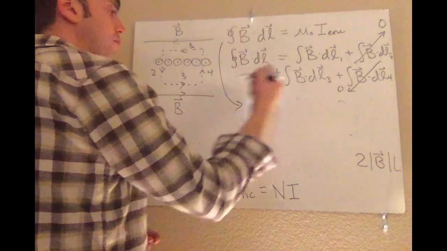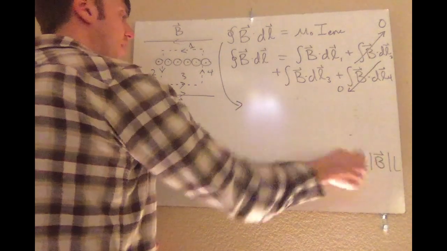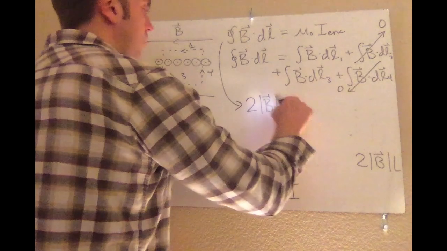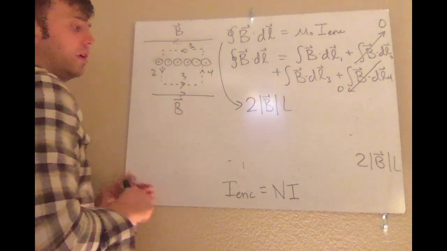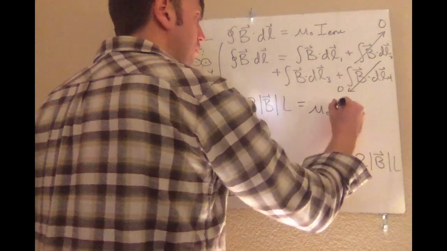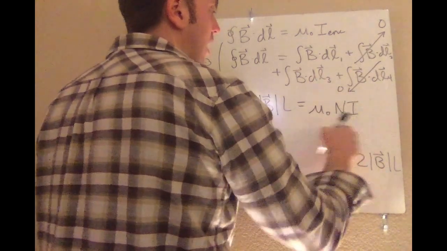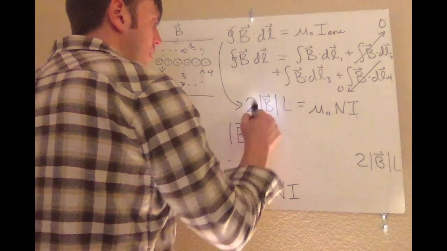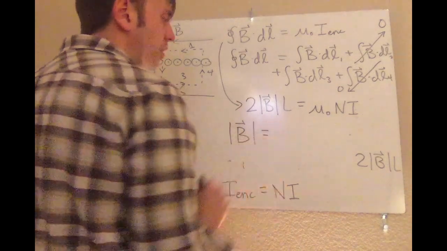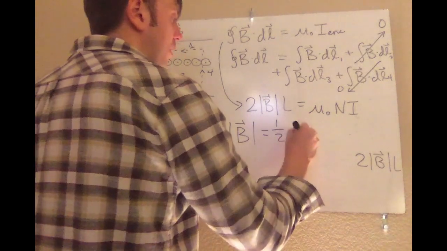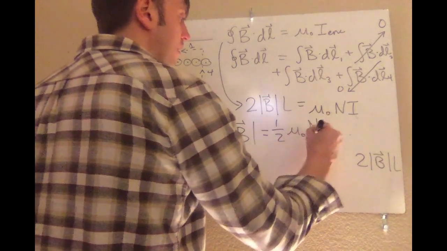Ampere's law says if we take B dot dl, which right here we found is 2 times the magnitude of B times this length right here, that should equal mu naught times I enclosed, which is N times I. So for the magnitude of this B field, just divide out 2 times L. And so what we're going to have is a half out front. We're going to have mu naught, and then N divided by L times that current.